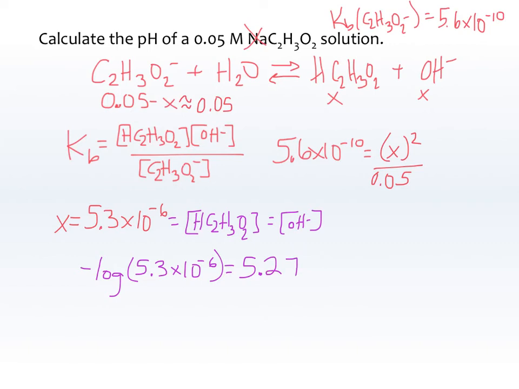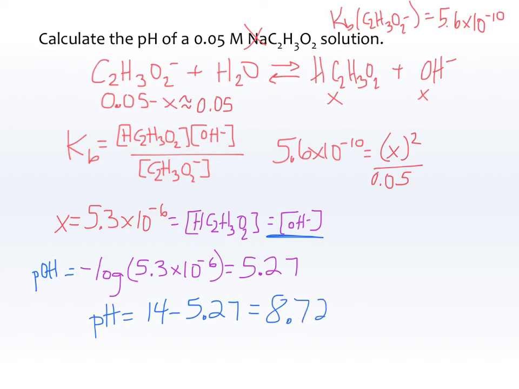Since this was OH minus, this is going to be equal to the pOH, not the pH. So pH is 14 minus pOH, so pH would be 8.72. And by the way, if you're checking the contribution of X, it is 0.01%, so X was negligible.